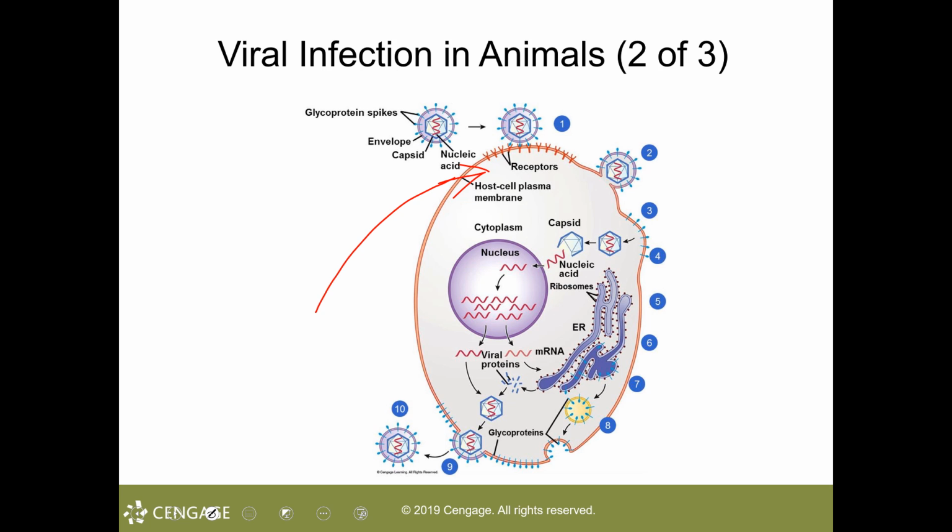Then the membrane fusion allows the viral envelope to fuse with the plasma membrane, and the virus has now gained entry into the cell. With that, the virus is released into the host cell's cytoplasm, and then the viral nucleic acid separates from its capsid, as you're seeing here, number 4. Here at 5, of course, the viral nucleic acid enters the host cell nucleus and then begins to replicate.